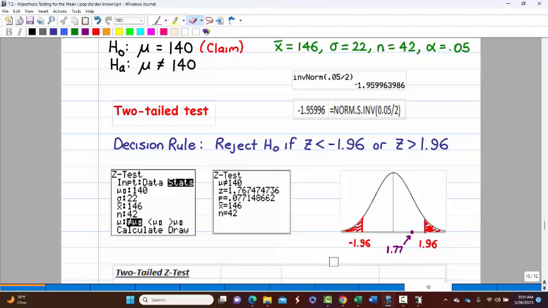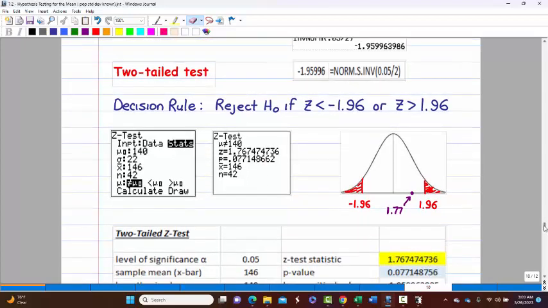Now I just kind of drew the shading there. I think that may help a little bit to tell better where the number fits. Obviously it can't fall on both shaded parts, but the fact that it's positive means, is it bigger than the positive number on this side? And it's not. In other words, if the number falls in the empty region, that means do not reject. So it's in the not reject zone right there in the middle.